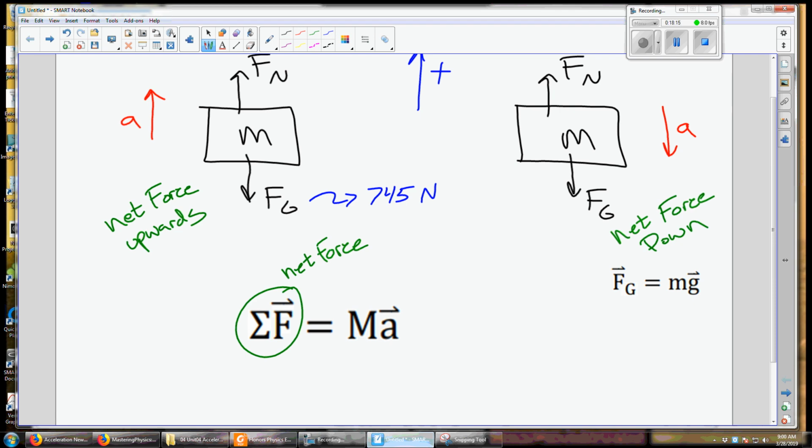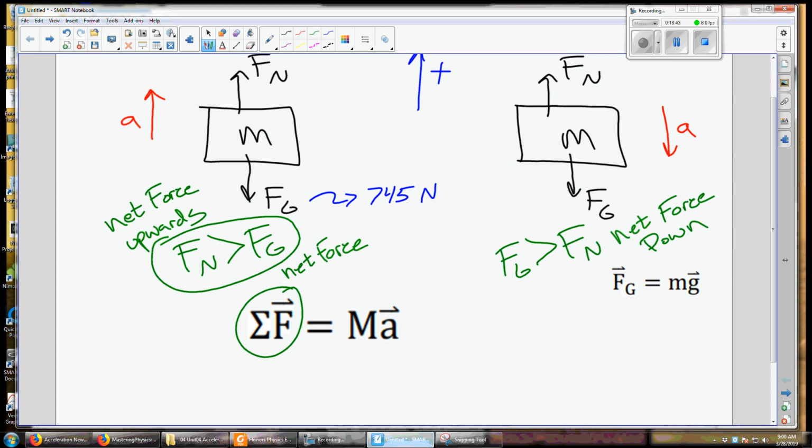It's going to be bigger, right? So here, the force normal must be greater than the force gravitational. What about over here, when the total force has to be pointing downwards? Force of gravity must be greater than normal force.